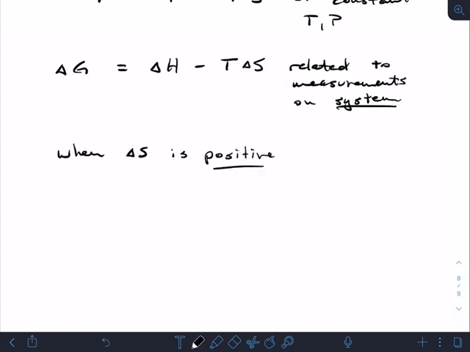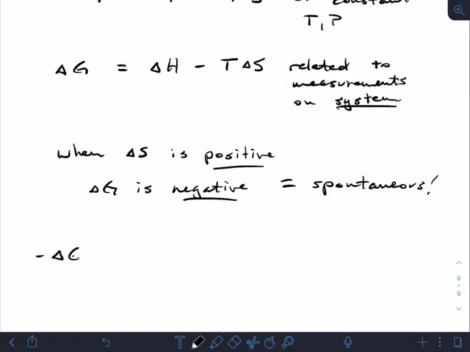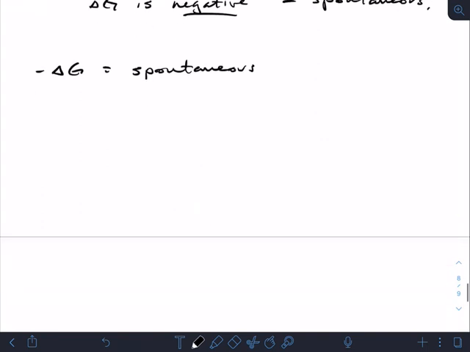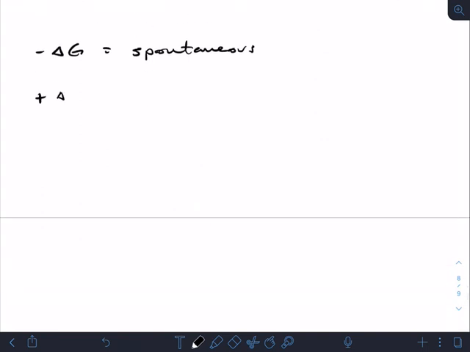With this equation, when the entropy change is positive, delta G is negative. When that is the case, we have a spontaneous process. So negative delta G equals spontaneous.